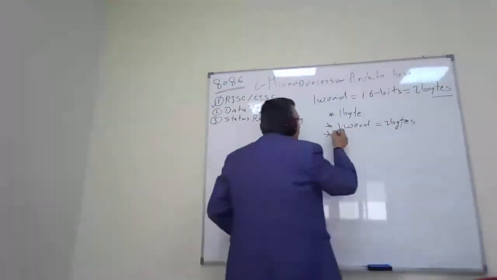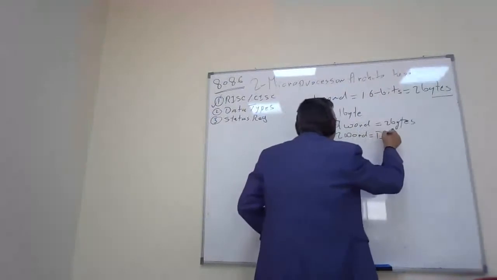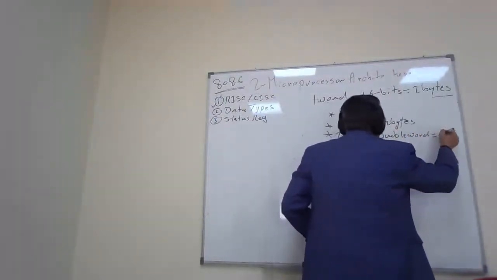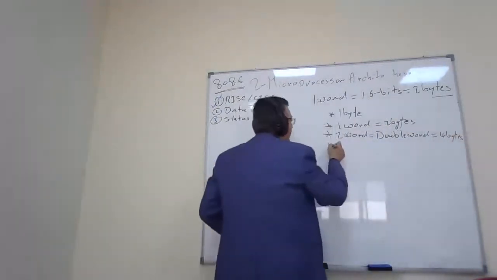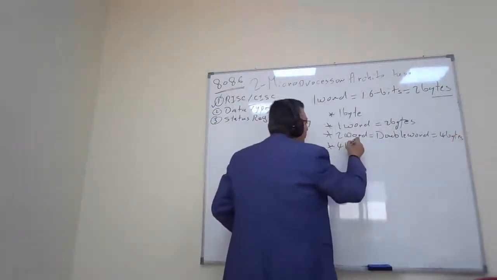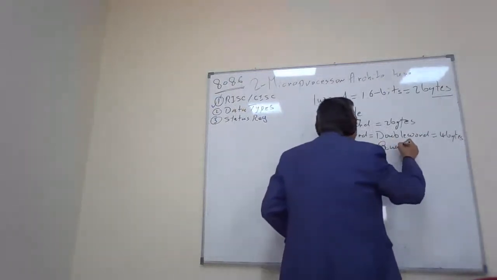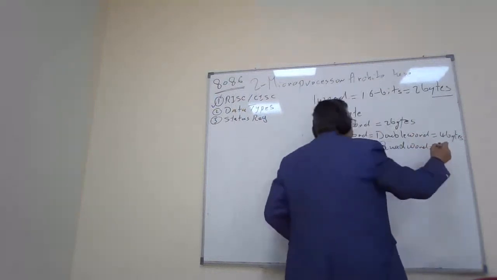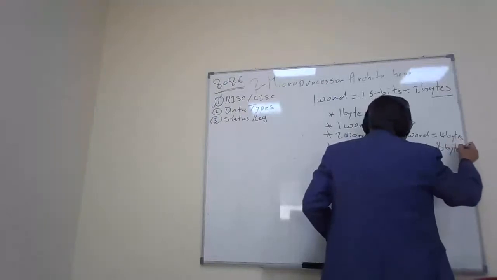Or I can reserve 2 words, we call them a double word of 4 bytes, and I can reserve 4 words, or they call it a quad word, of 8 bytes.